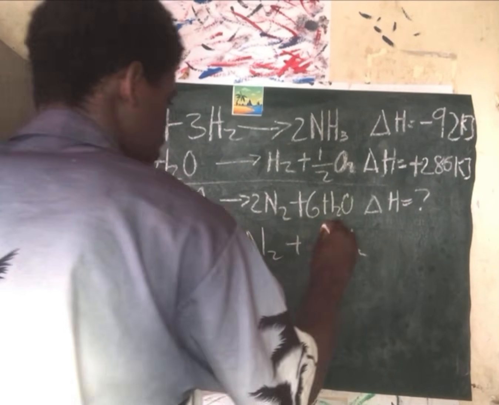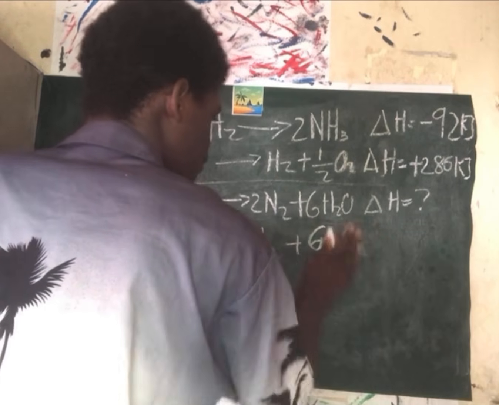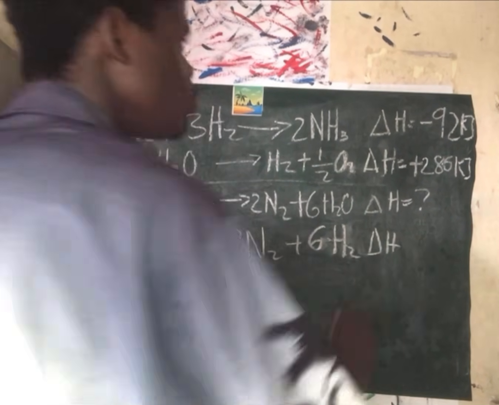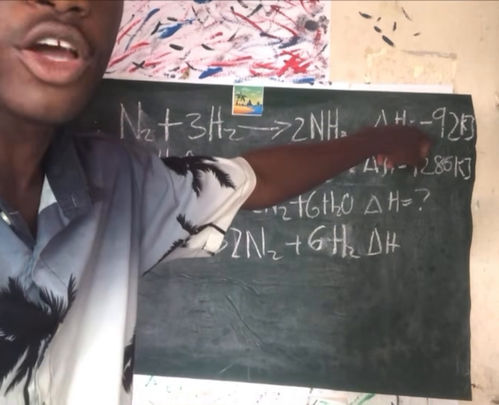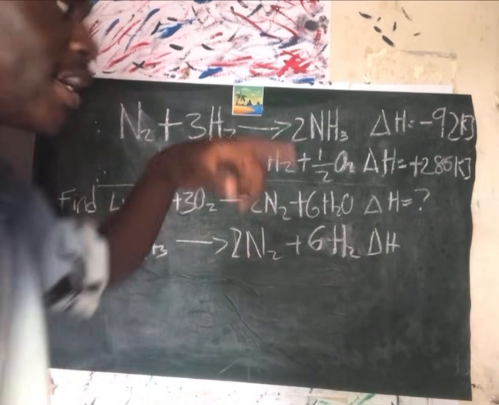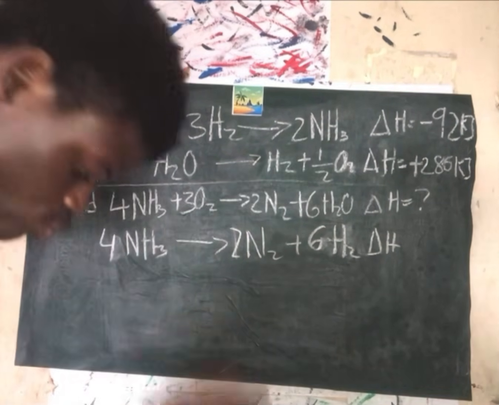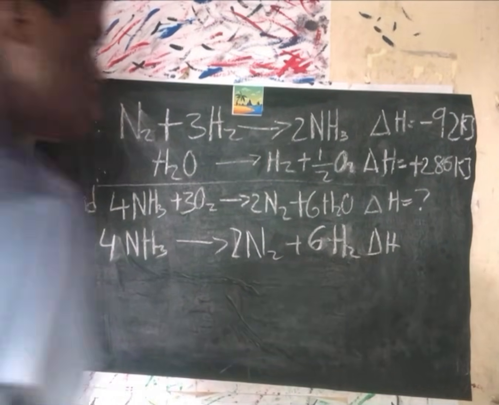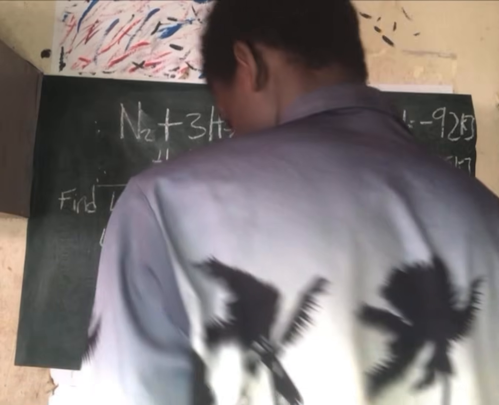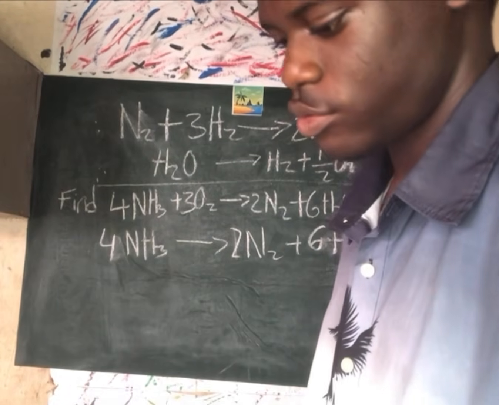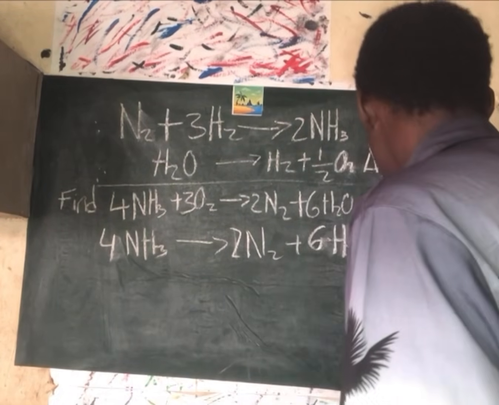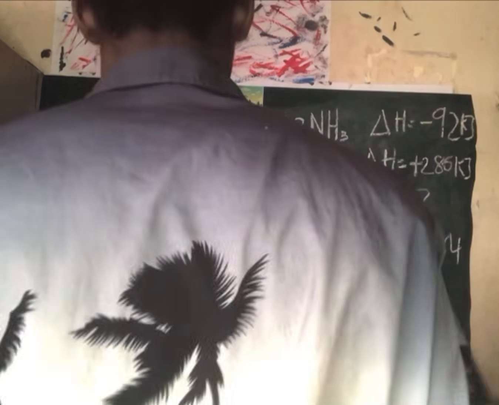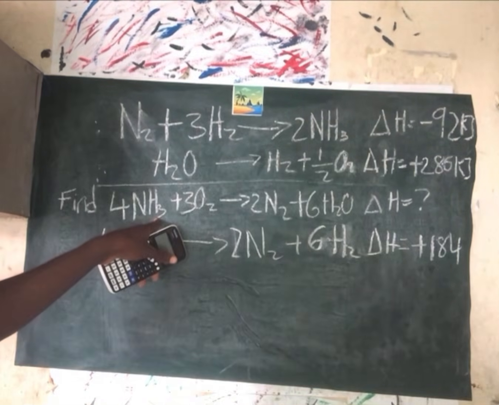And 2 times 3 is 6, that's 6H2. Don't forget, since we've reversed it, in the enthalpy, the sign will change to positive. And since we times by 2, that will now be 92 times 2. So that will be positive 184 kilojoule.